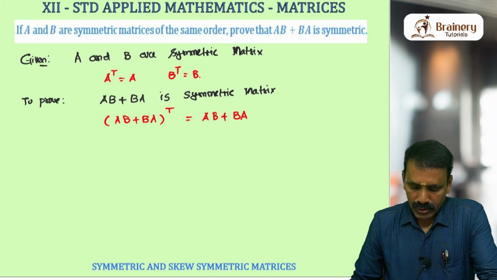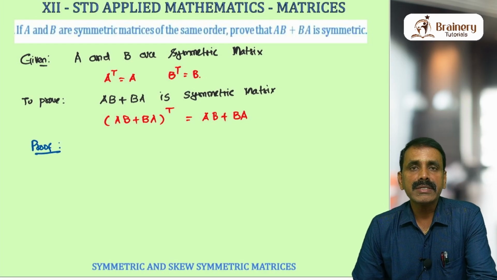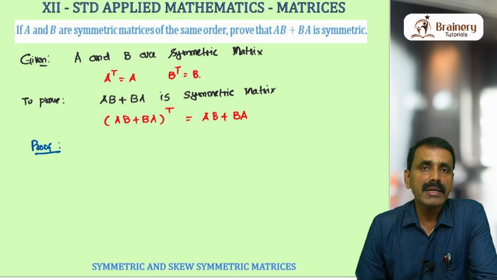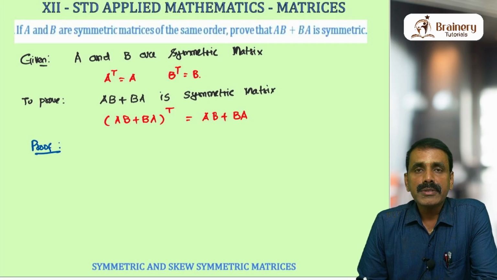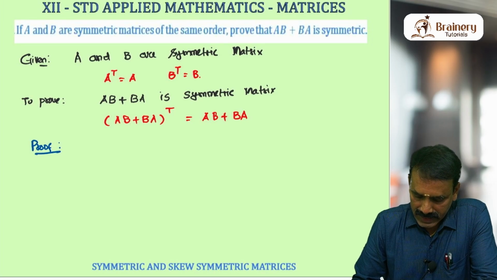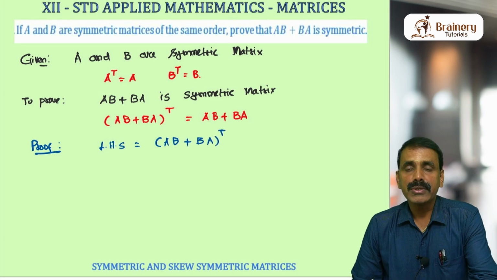How are we going to prove it? If we know the basic concept of transpose of matrices and symmetric and skew symmetric matrices, we can easily prove it. So we start with the LHS. What is your LHS? AB plus BA whole transpose.